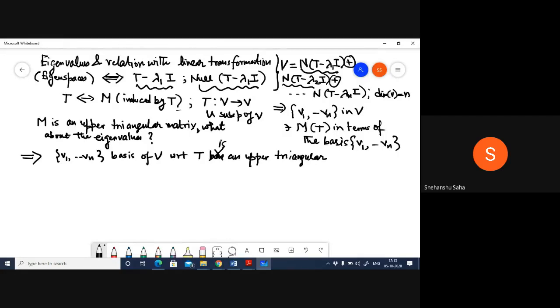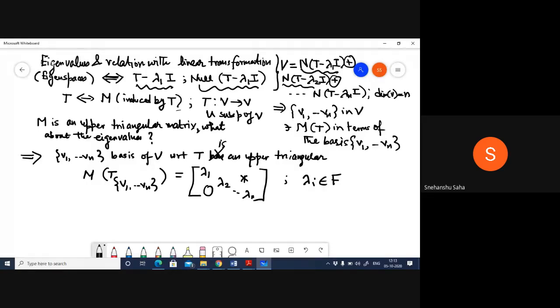Then the matrix induced by T, which contains a basis vector of this, can be easily written as lambda 1, lambda 2, lambda n, and this is star, right? And all of these elements are 0 because this is an upper triangular matrix, right? Okay, and these lambdas are nothing but they belong to the field.